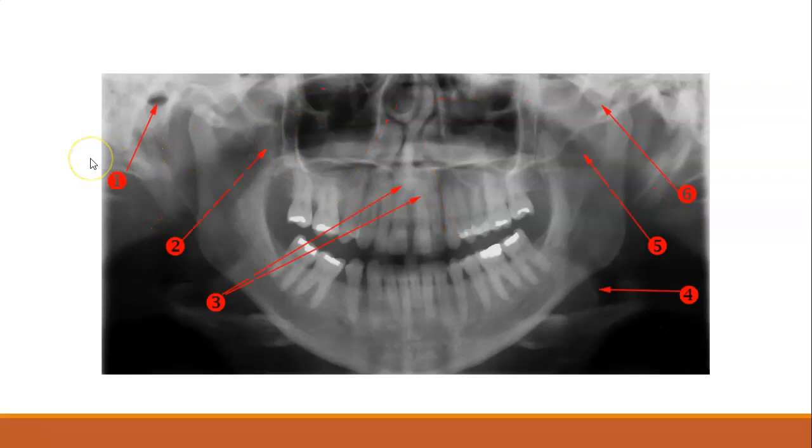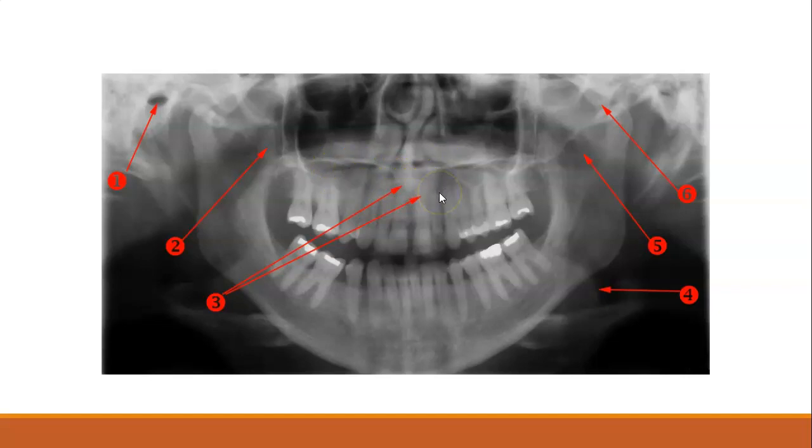Okay, let me see what is next. Oh, we're still going. And this is where it says it: right ear canal, or external auditory meatus. Number 2 is the coronoid process. That shows the coronoid process very well. Number 3 is the soft tissue outline of the nose. You can see the actual soft tissue of the nose here.